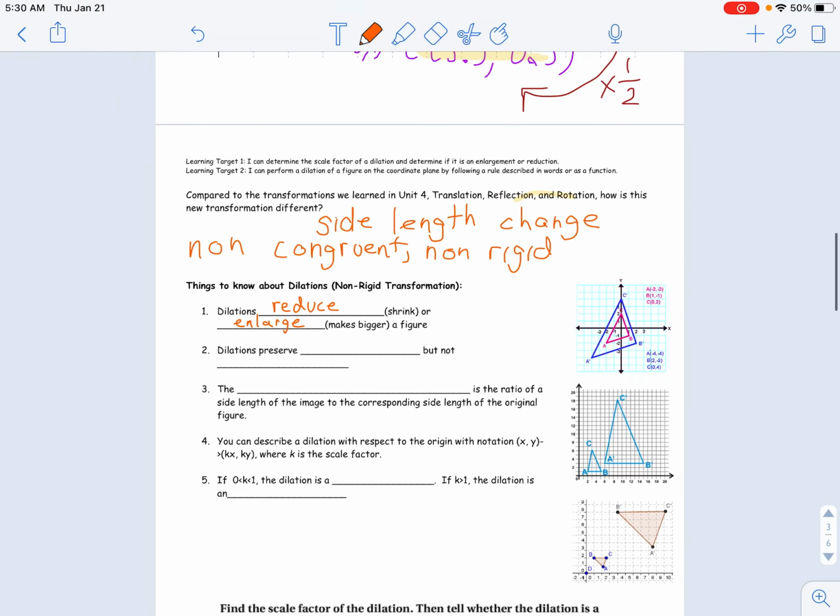Dilations preserve angles, but not sides. If you were to enlarge or shrink yourself, you would still have the same proportions. Your head wouldn't get really big, or your eyes wouldn't get really far apart, or your knees wouldn't stay really big while your ankles get really small. It preserves angles. Your proportion's still the same.